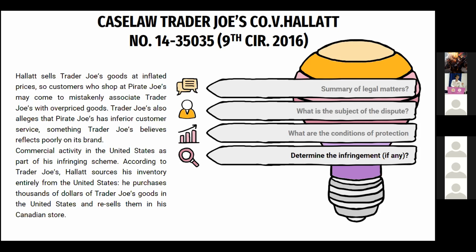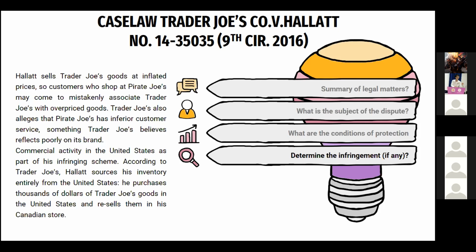Also, Highland began hiring third parties in Washington, reasonably United States citizens, to purchase Trader Joe's goods on his behalf when Trader Joe's refused to serve him as a customer.